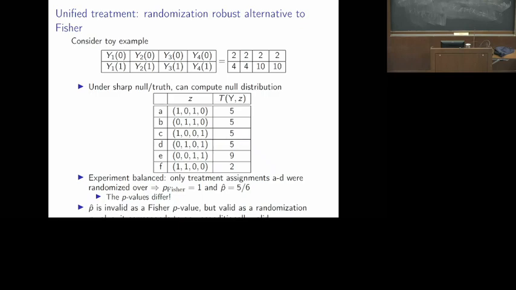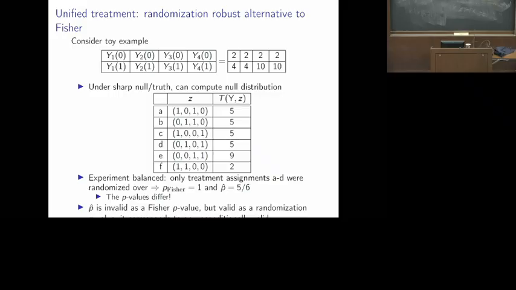And I can run this thinking that assigning two treatments to any of the 4 people is the experimental guideline. This would be my null distribution. I compute the p-value, and it's 5/6.